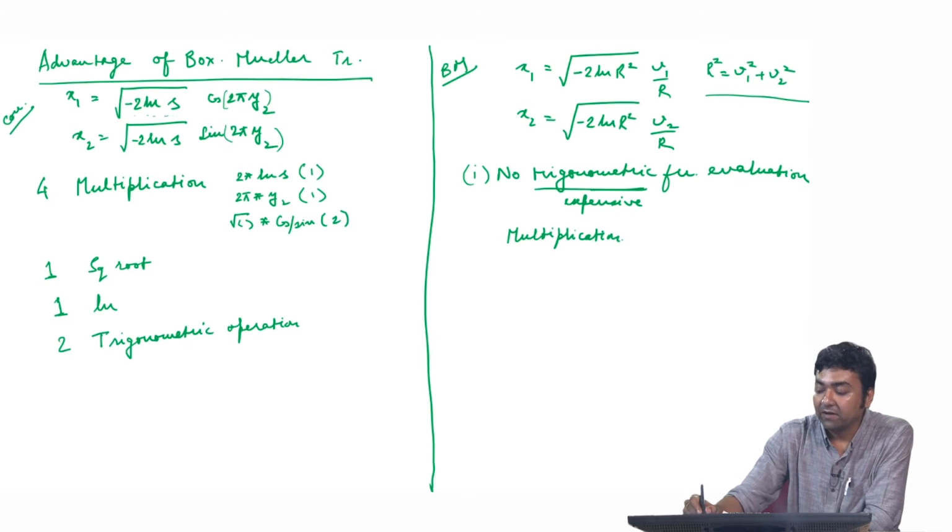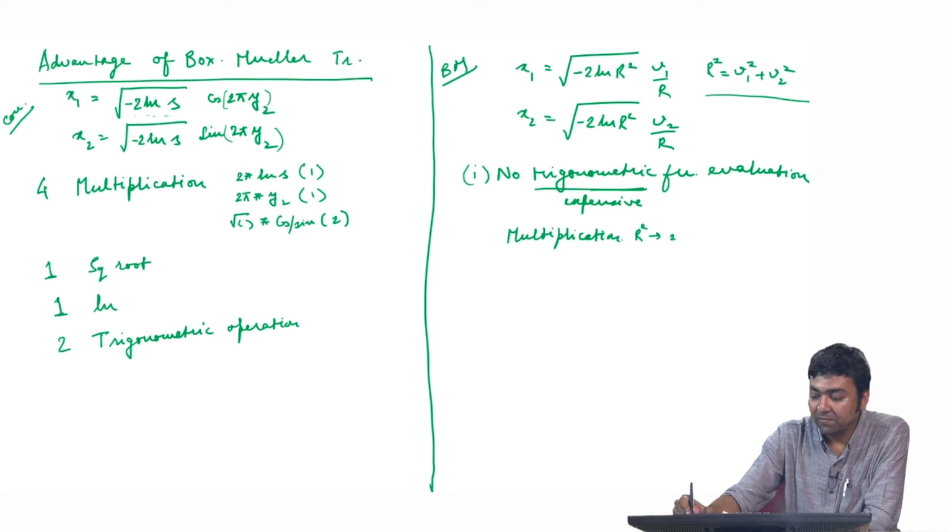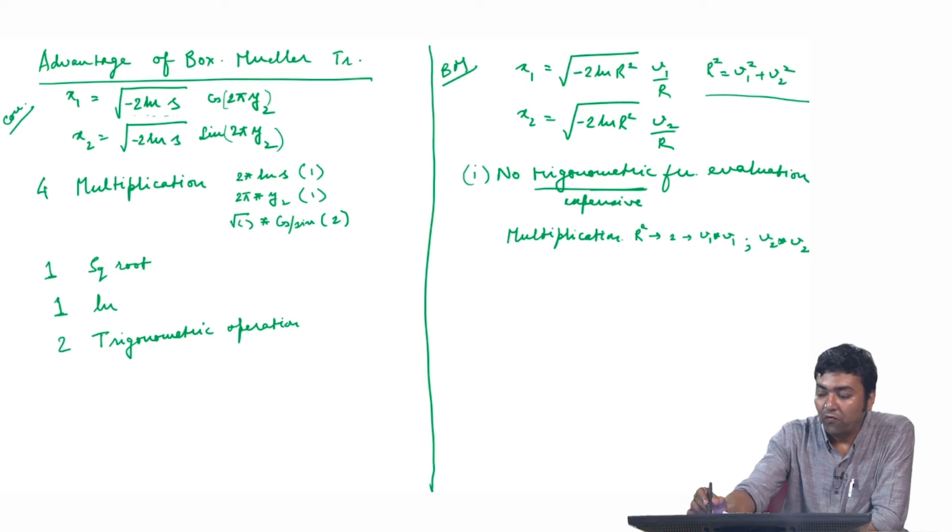For this r square we need to do two multiplications: v1 into v1 and v2 into v2. Then we need to do one more multiplication, which is the product of 2 into log r square, and this we can do only once and use for generating both the numbers.